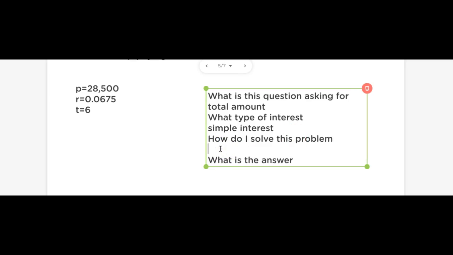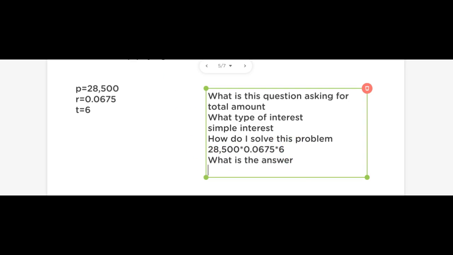It is simple. It's going to be 28.5 times 0.0675. I want you always to use the online calculator as an asset so that you don't make mistakes. And then finally, what is the answer to this question?